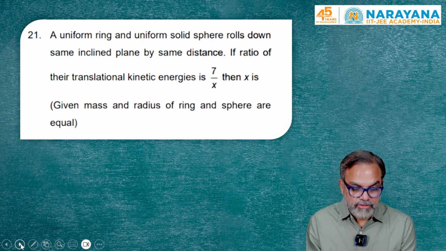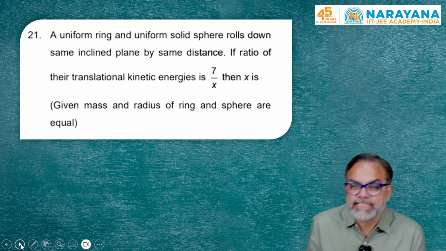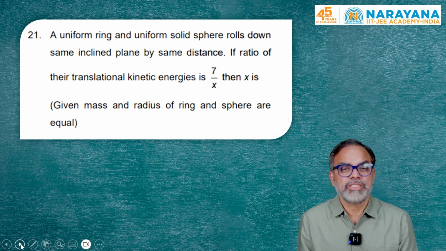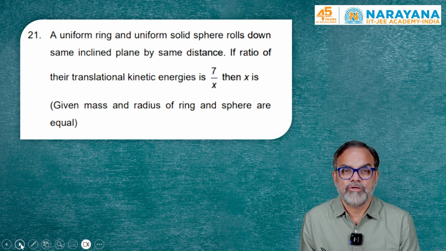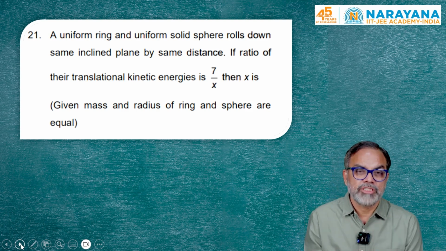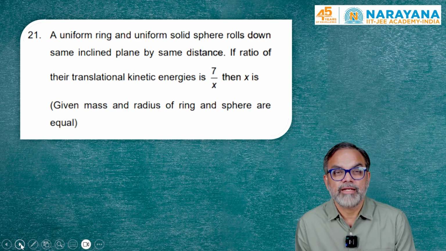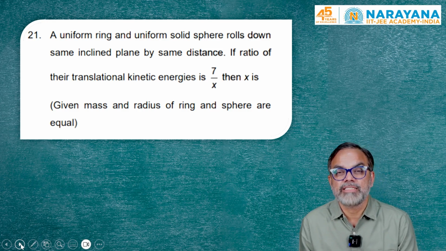Moving further, students. So we have covered 20 questions which were single correct option type. Now here we are having questions where we have to give the value of x. These are numerical questions, and we are given there is a uniform ring and a uniform solid sphere rolls down the same inclined plane by the same distance.